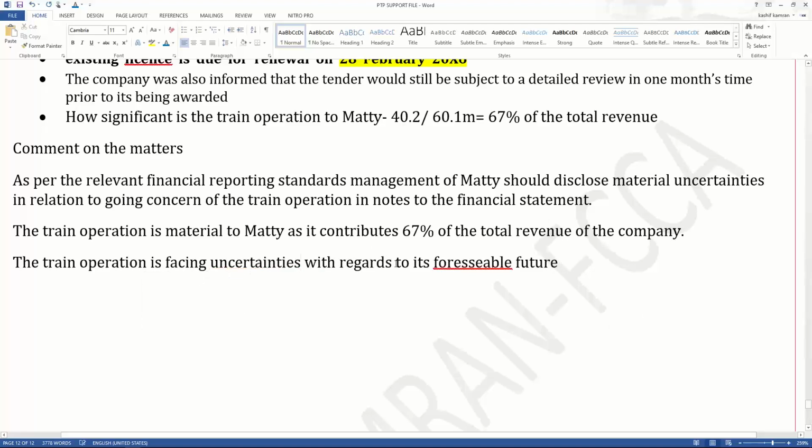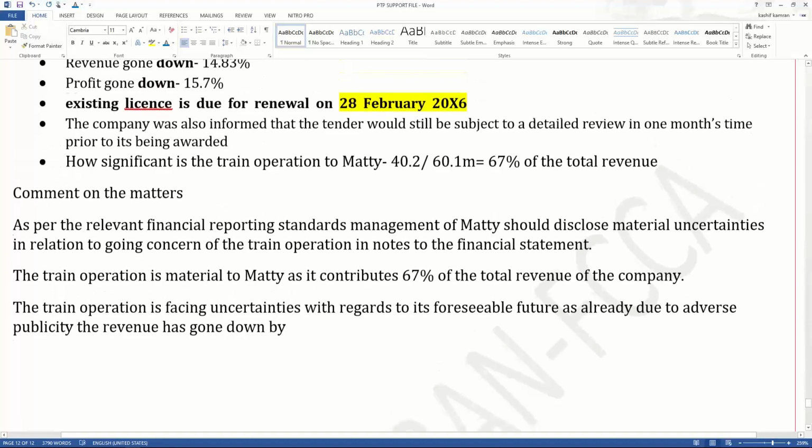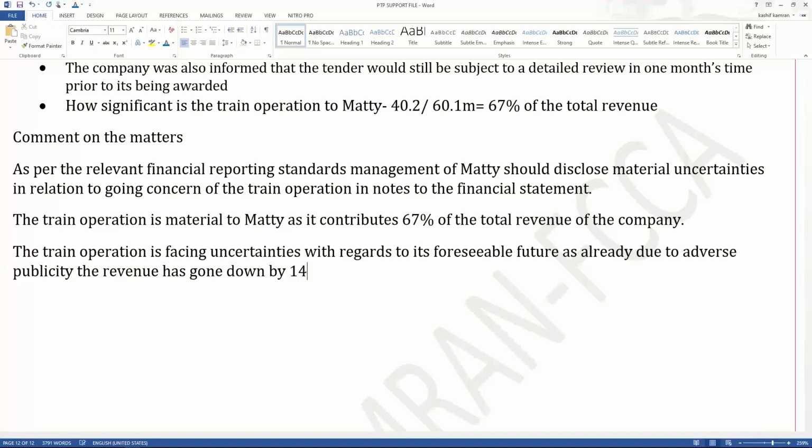The train operation is facing uncertainties with regards to its foreseeable future, as already due to adverse publicity, the revenue has gone down by 14.83%, and the pre-tax profit has gone down by 15.7%.